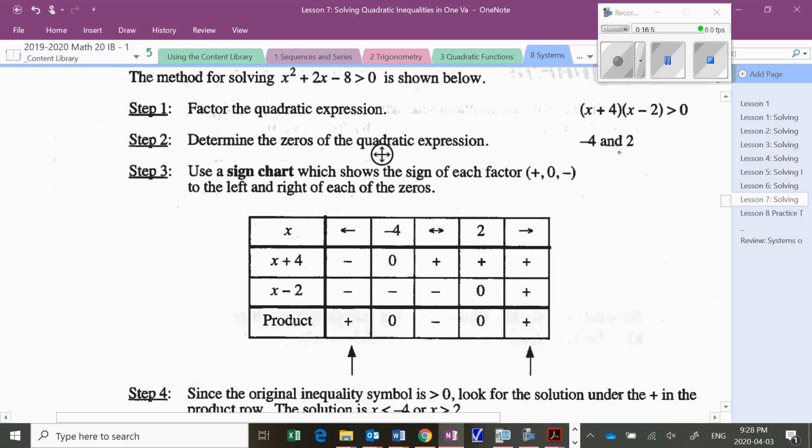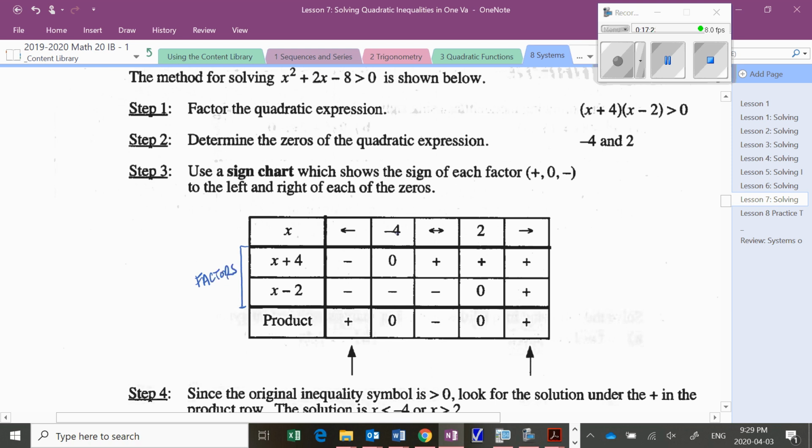And so essentially what we have is, here is your x-axis, and when x is negative 4, what you have to think about is that when you substitute negative 4 into x plus 4, then that factor equals 0. These are our factors right here.